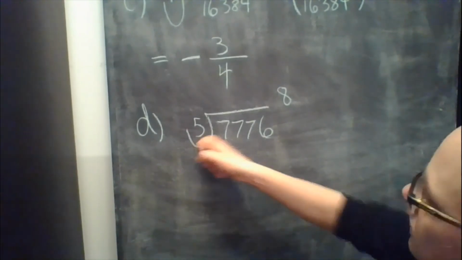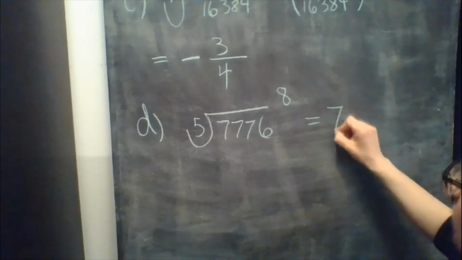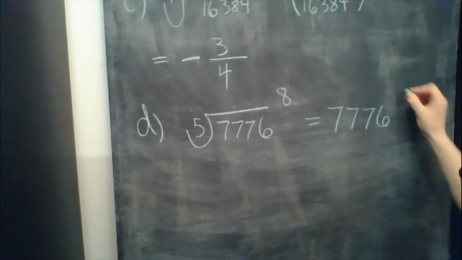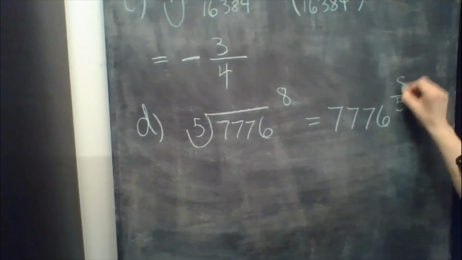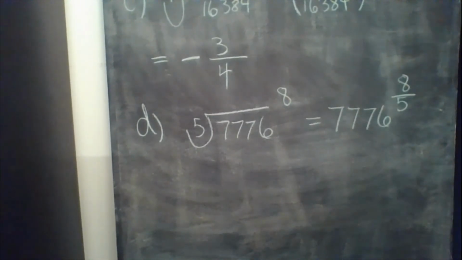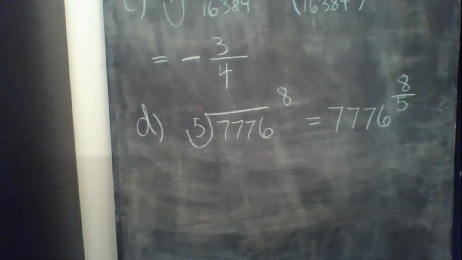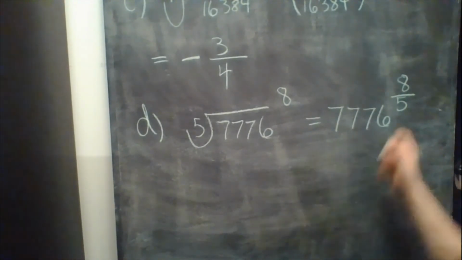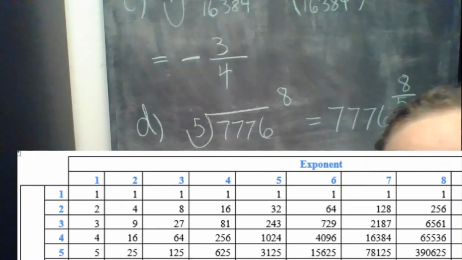So to write this in exponent form, that 5 has to become a fraction. So 7776, 5 is the fraction in the exponent. The 8 stays up top because I'm multiplying, or I'm not multiplying. Well, yeah, I guess you are. Okay, so the 5th root of 7776, remember, is, let's see, 5th root is there.